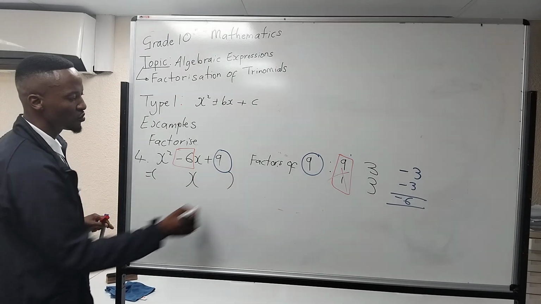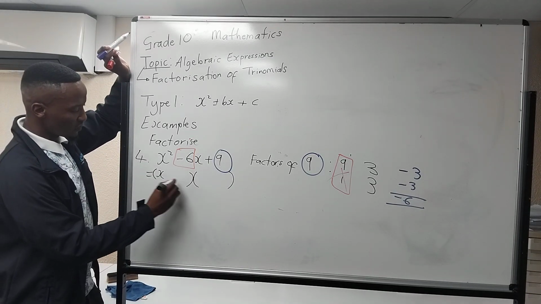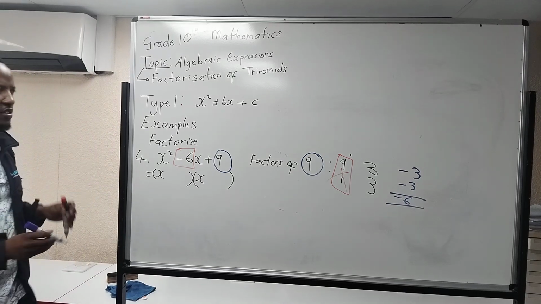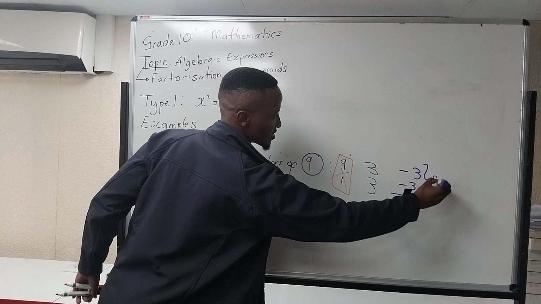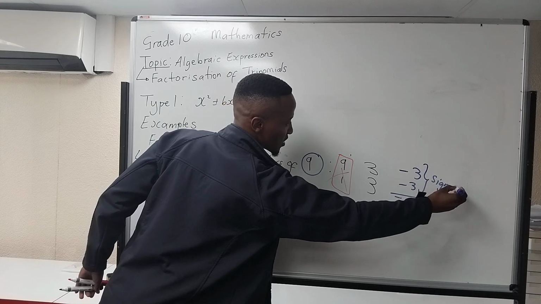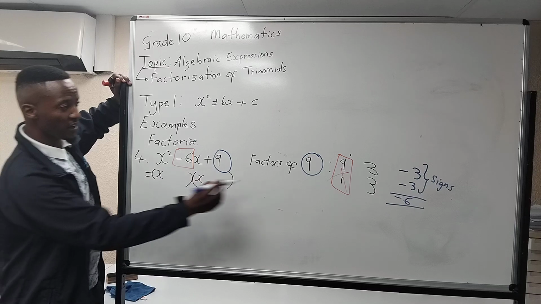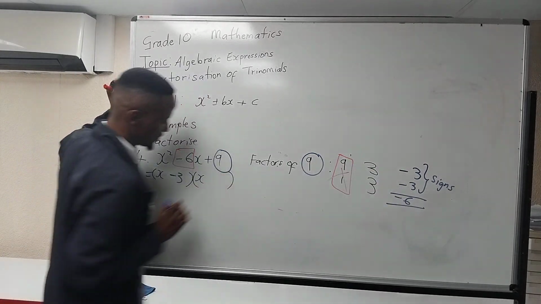We are having 2 brackets. For us to get x squared, it means we have to have x and x. Now the other important thing is that these selected factors and the signs that appear here will be the ones that we use in our brackets. So we have x minus 3 and x minus 3.